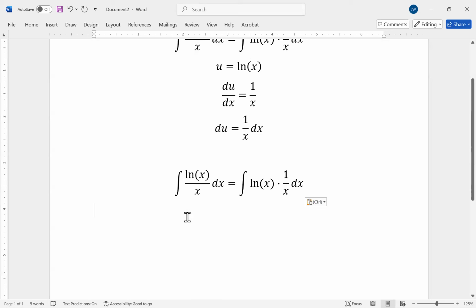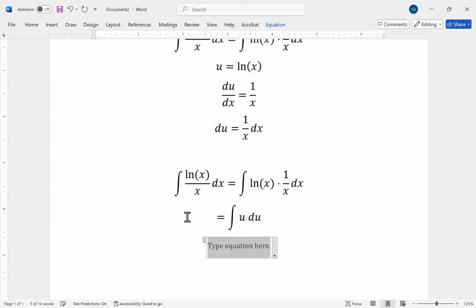If I let that happen, then this integration becomes u times du. That's a very, very nice integration. That's something I can find the antiderivative of using basic rules. So I'm going to get 1/2 times u squared plus c.